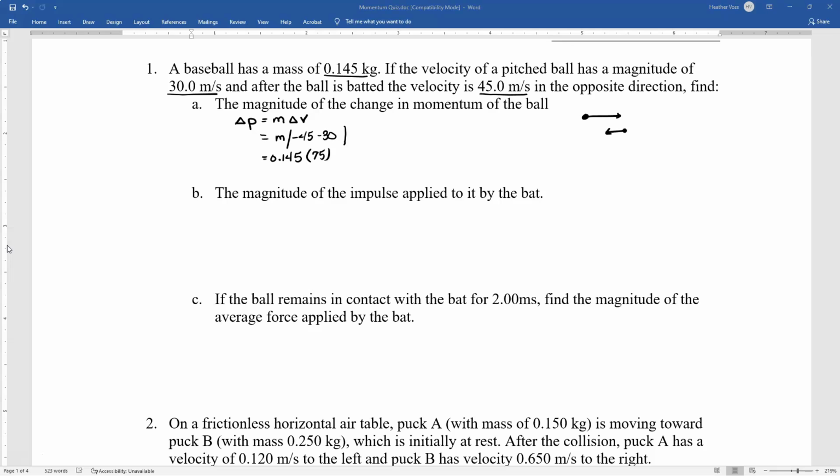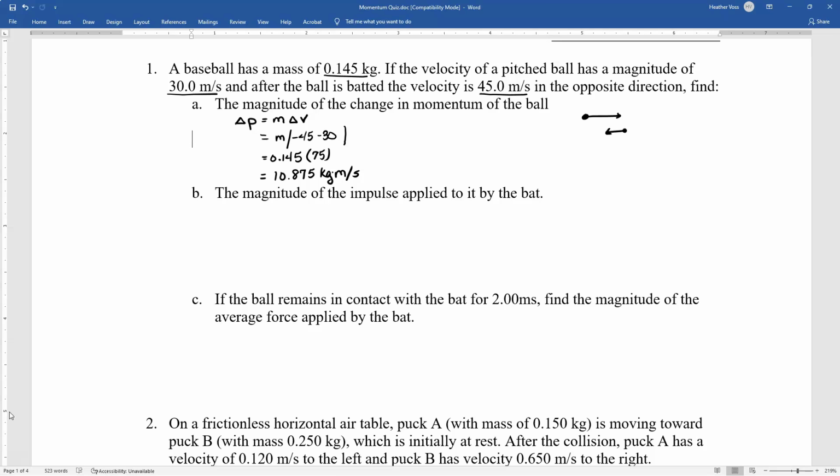So when we put that in the calculator, we have 75 times 0.145. So that's going to be 10.875 units of kilograms meters per second. So it's kilogram times a meter per second.